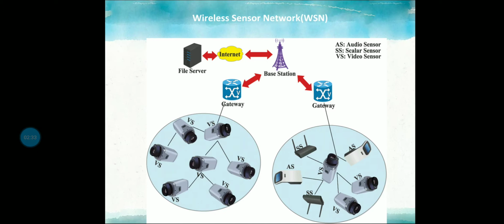Commonly monitored parameters are temperature, humidity, pressure, wind direction or wind speed, vibration intensity, sound intensity, chemical concentrations, and pollutant level. So these are the commonly monitored parameters in a wireless sensor network.